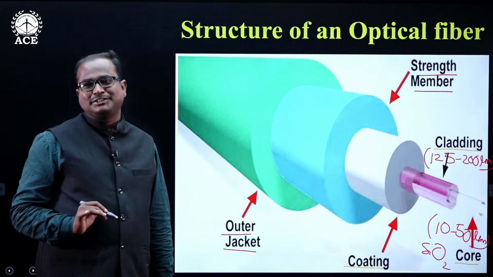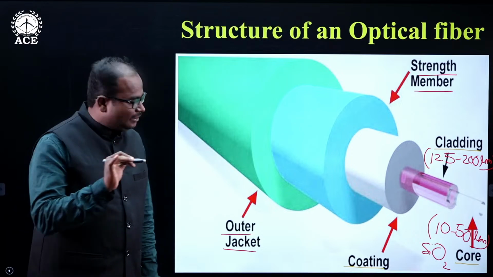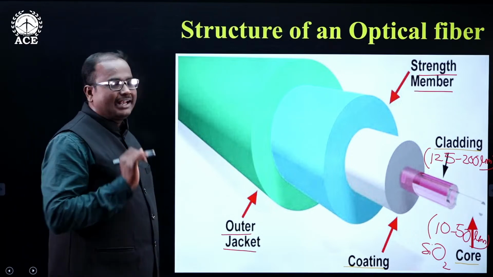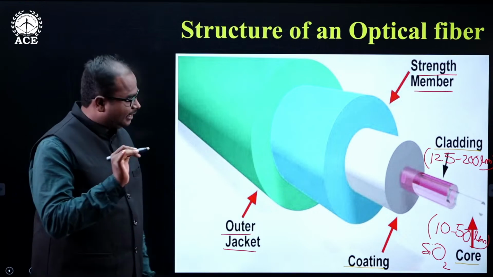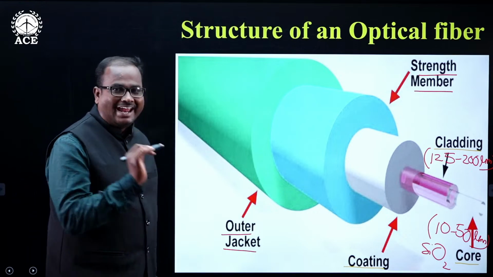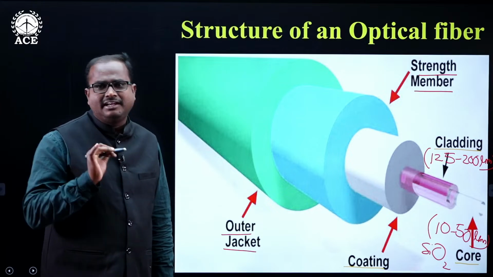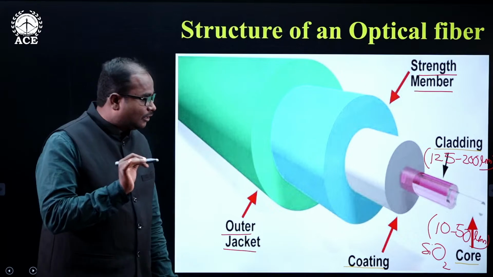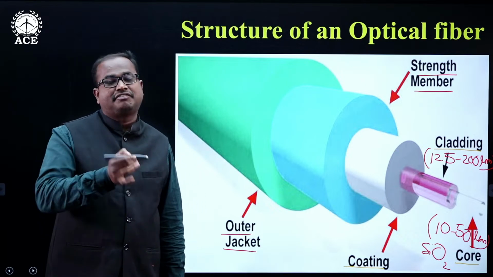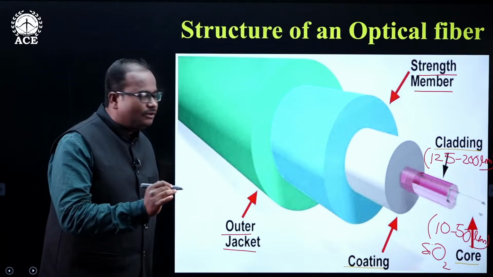But what is the difference between core and cladding? The difference between core and cladding is the refractive index. The refractive index of the cladding is slightly lower than that of the core. That means the core has a higher refractive index compared to the cladding.